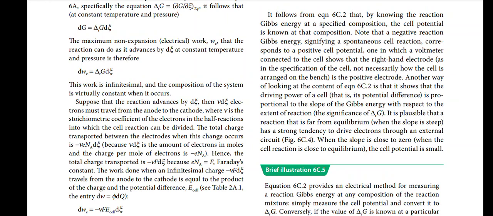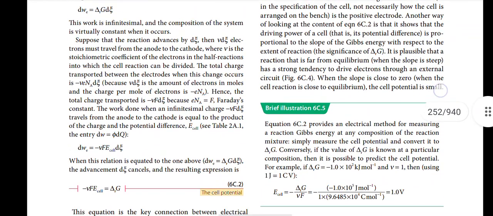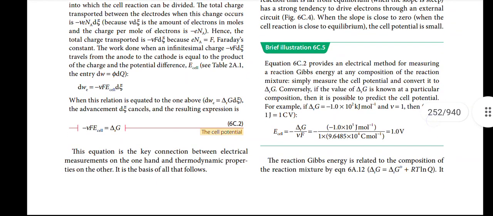The work done when an infinitesimal charge travels from the anode to the cathode is equal to the product of the charge and the potential difference E cell. This relation is equated to the one above. The advancement cancels and the resulting expression is nu F E cell equals minus delta r G. This equation is the key connection between electrical measurements on the one hand and thermodynamic properties on the other. It is the basis of all that follows.